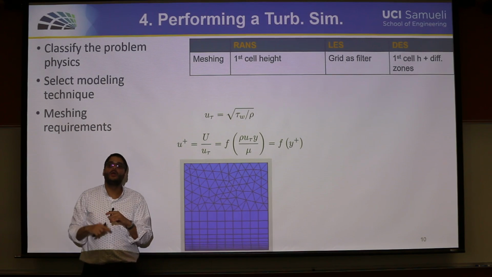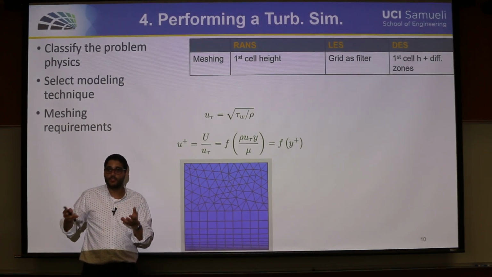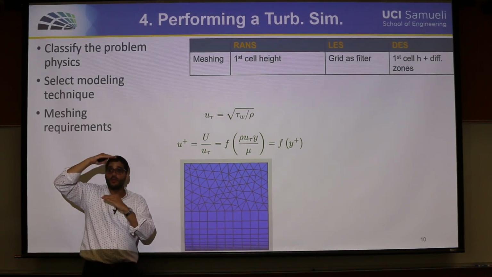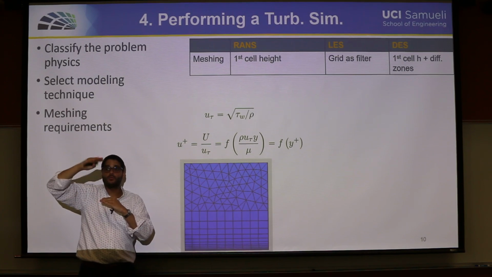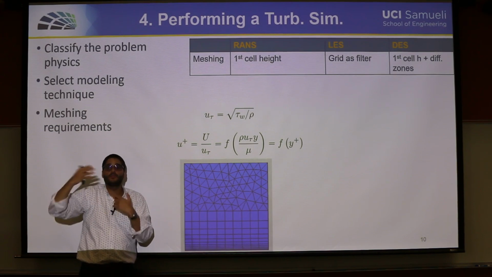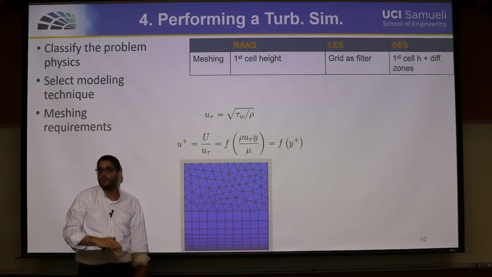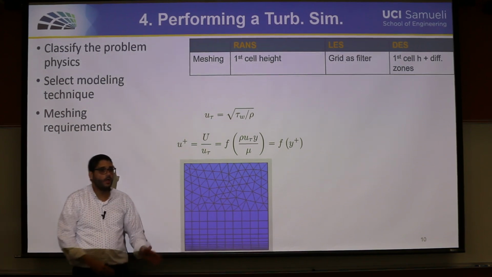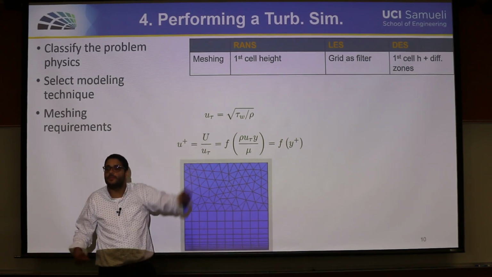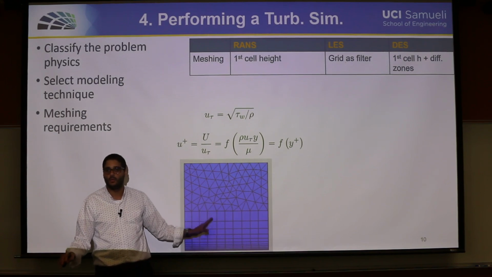What should you do? Back then, because computational power was not that strong, scholars and scientists used to have a large first cell height around Y plus equal to 5, and they used to model what's going on inside. Even in some cases, they did not consider boundary layer treatment at all, and they forced the solution using the log layer function because they know the shape of the function, and they forced the CFD code to satisfy that velocity near the wall, and that's it.